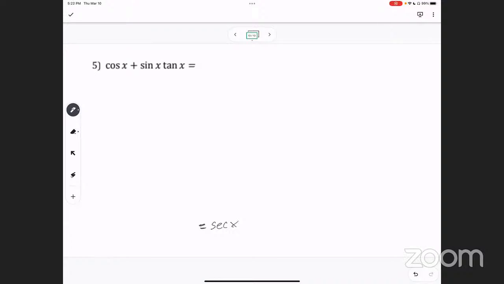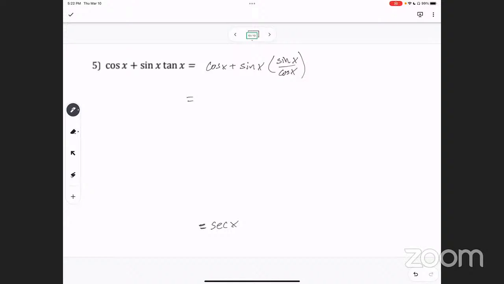So first thing I'm gonna do is go ahead and take care of the tangent. So it's gonna be cosine of x plus sine of x times sine over cosine. Good. Now you're gonna want to go ahead and distribute.